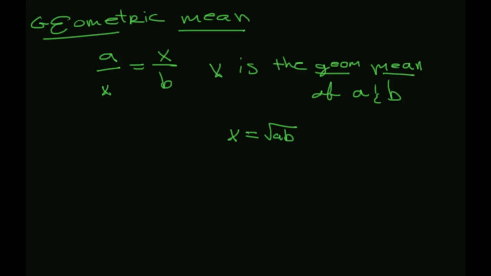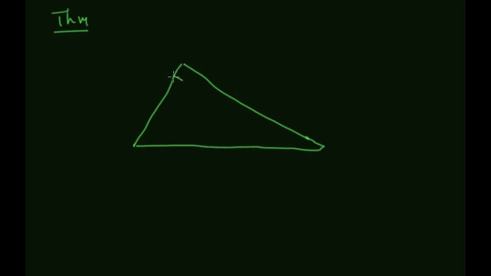Okay, so we're going to relate this to a bit of a theorem about right triangles. In our theorem here, we're going to say if I have a right triangle, with the right angle up here, and I drop an altitude, right?